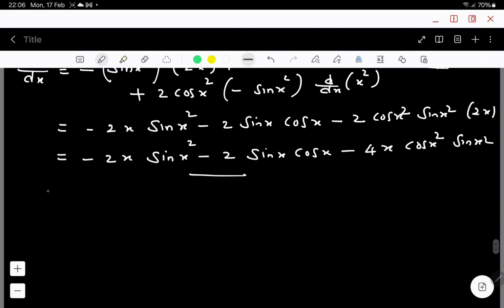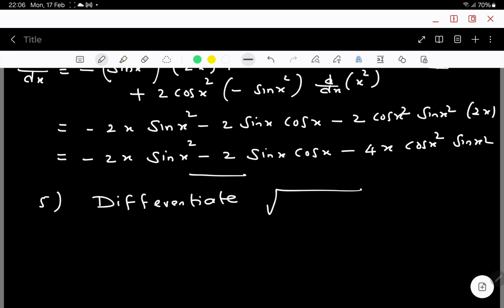Next, fifth problem: differentiate square root of tan root x.